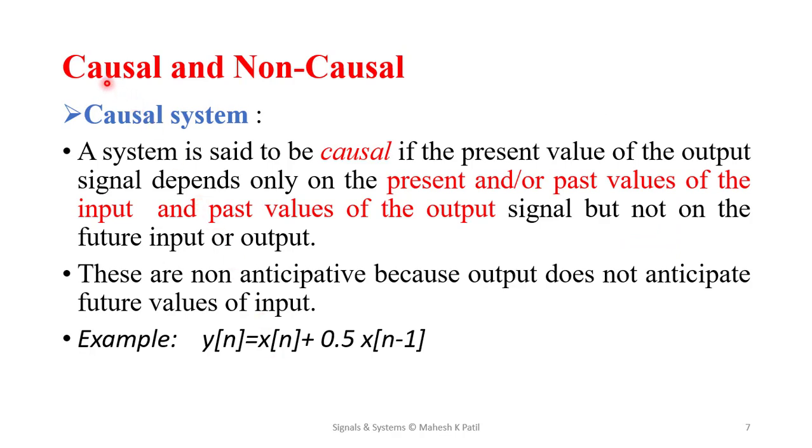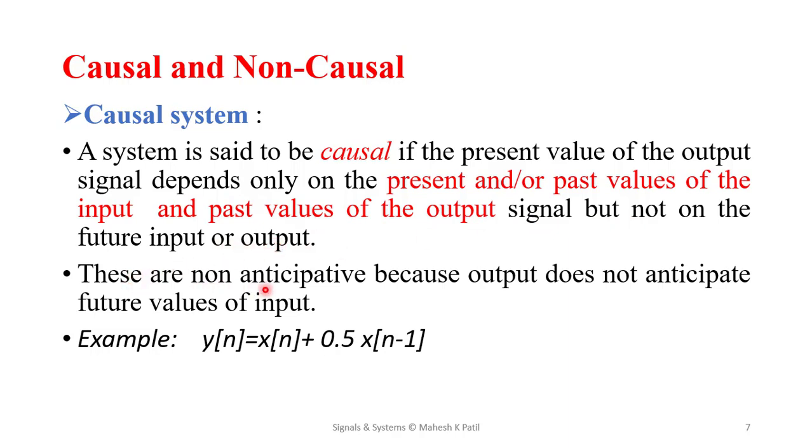Then we'll see the next system type, that is causal and non-causal. A system is said to be causal if the present value of the output signal depends only on the present and or past values of the input and past values of the output signal, but it is not depending on the future input or output values.